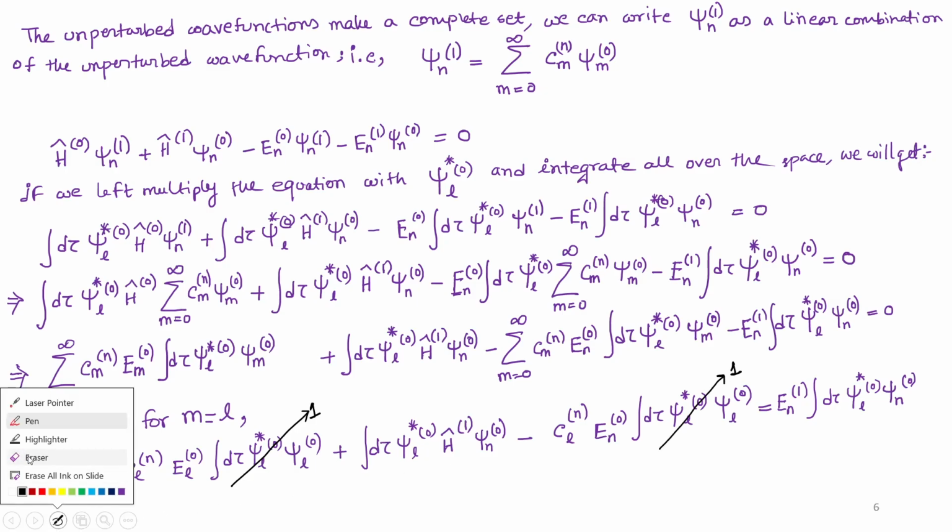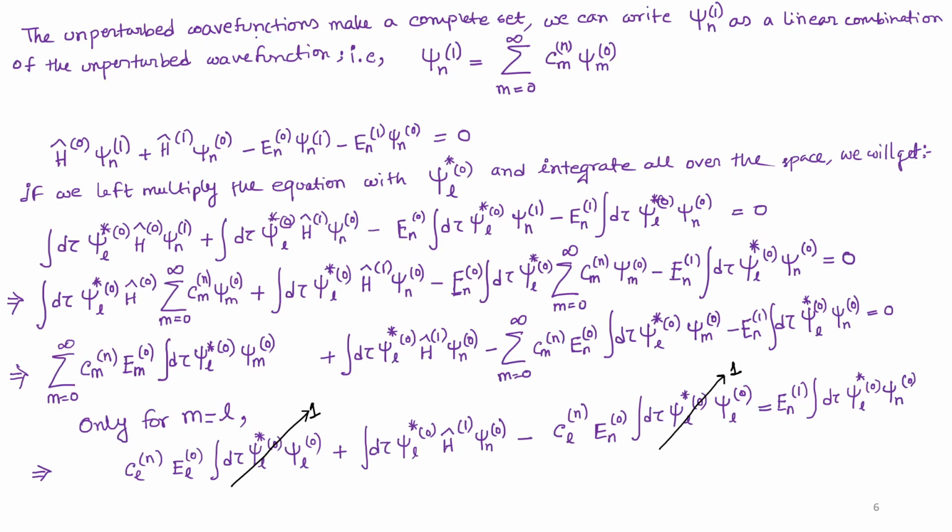So in the next slide I am going to write, from here on I am going to take common the CLn, this thing I am going to take common. So what I'll have is, let me write it in this fashion only.